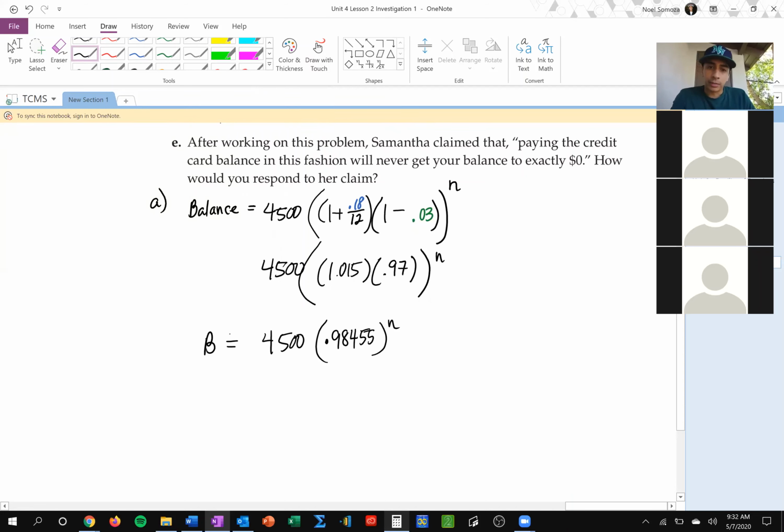That's the product, and it's not going to change for us because the APR doesn't change and neither does the monthly minimum percentage. So that's a fixed value, the 0.98455, that we can use over and over. It's nice that we simplified it because now every time we do the calculation, we don't need to plug in everything individually. We just know that's the constant number, that's the base for us. So now we can move on and try to answer a few more questions.